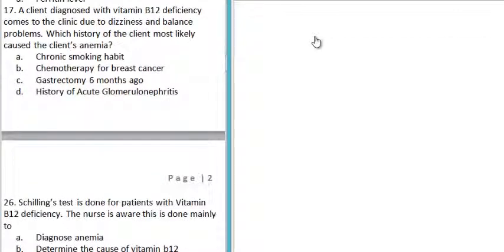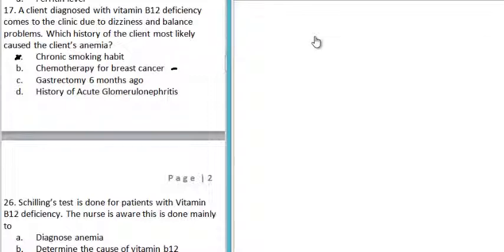A client diagnosed with vitamin B12 deficiency comes to the clinic due to dizziness and balance problems. Which history of the client most likely caused the client's anemia? Smoking does not cause anemia. Chemotherapy may cause anemia, but this will cause what?